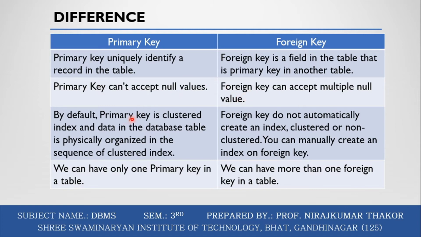By default, the primary key is a clustered index, and data in the database table is physically organized in the sequence of the clustered index. On the other side, the foreign key does not automatically create an index, clustered or non-clustered. You can manually create an index on a foreign key. We can have only one primary key in a table. We can have more than one foreign key in a table.